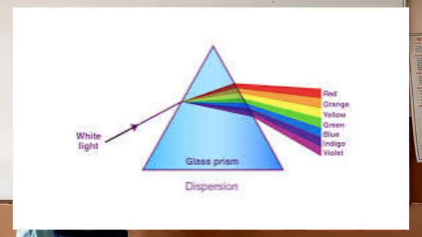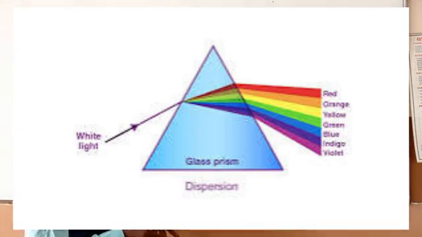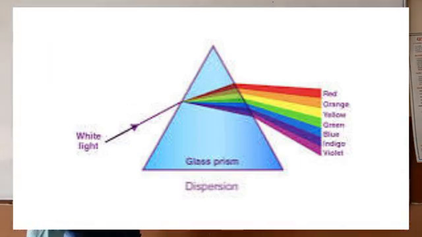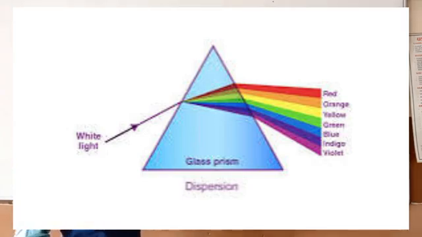That's why we can see that, oh, it is more than what? One color. You can see the first one is red, followed by what? Orange, followed by yellow, followed by what? Green, then blue, indigo, and violet. So this shows that white light contains more than one color.